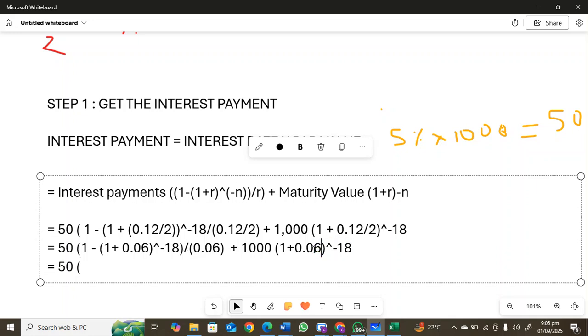So here we have 1 minus 0.35 divided by 0.06, plus 1000 multiplied by 0.35.